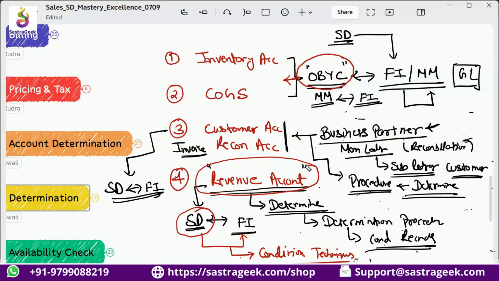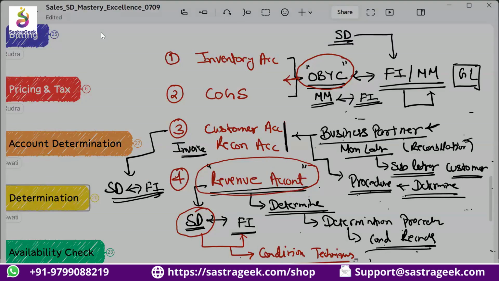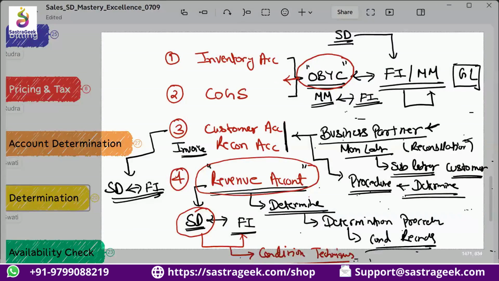So these are the 4 major accounts which will get determined. Now we will go through in detail and check at what place the account determination happens and what kind of configurations we need to do. If you have any questions, feel free to ask.